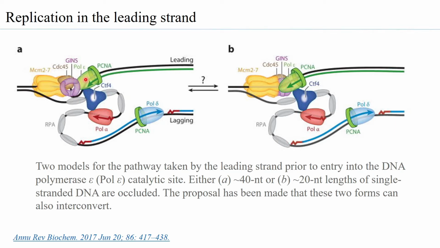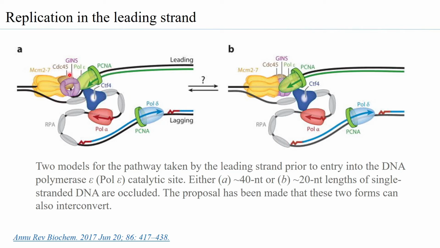Several studies have shown that the MCM2-7, CDC45 and the GINS precede the DNA pol epsilon, and the entire complex, the pol epsilon, GINS, CDC45 and MCM2-7, is not bound to the lagging strand, it is only bound to the leading strand. The only connection that the CMG complex has with the lagging strand is through the CTF4.